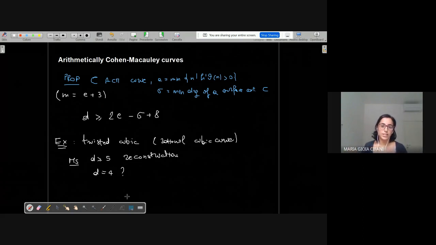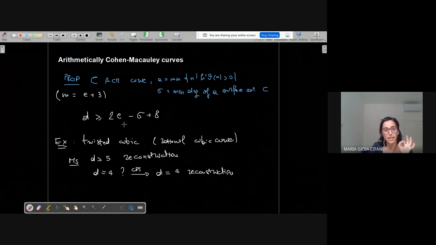They have the right dimension of the things, and actually with our bound, d equal to 4, if you write down the numbers here, this is 4 for a twisted cubic. So d equal to 4, we have a reconstruction. Okay.